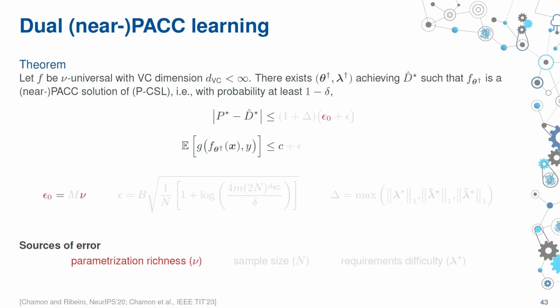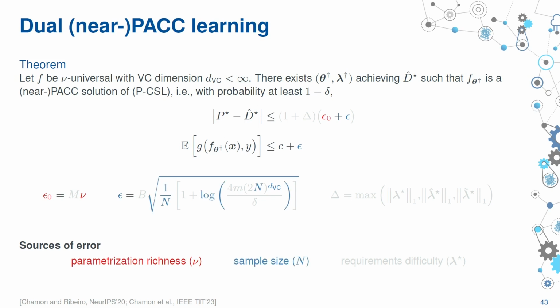And that leads to this theorem here, in which we show PAC-C learnability, and this PAC-C learnability, as I told you before, has two components. First one is optimality, and this optimality is controlled by this quantity epsilon 0, which is the richness of the parametrization. That comes from the first approximation, right? I mean, the relationship between the unparametrized and the parametrized. It also depends on this other quantity epsilon, which comes from the second step, the one relating the parametrized empirical with the parametrized statistical.